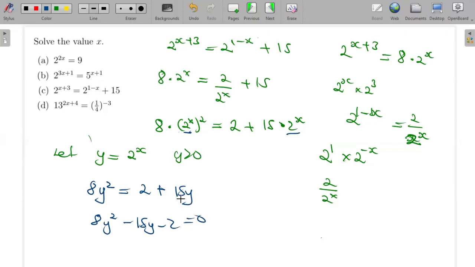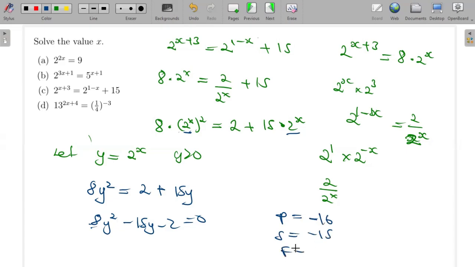And then it means that I can now solve this. Now let us find the factors. So we see here the product: when we multiply, we have 8 multiplied by negative 2, that gives me negative 16. And then the sum is negative 15.